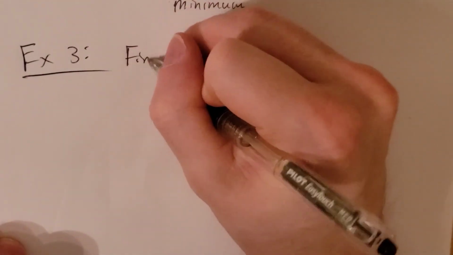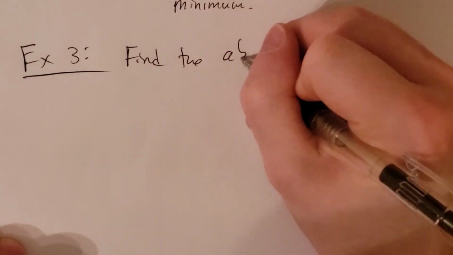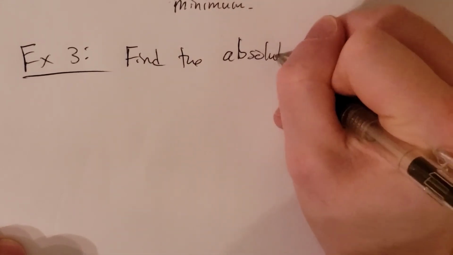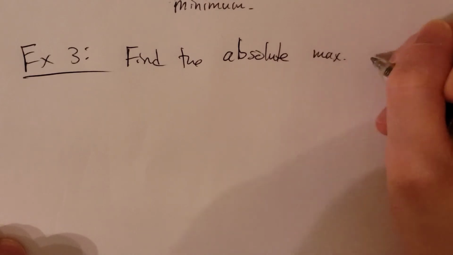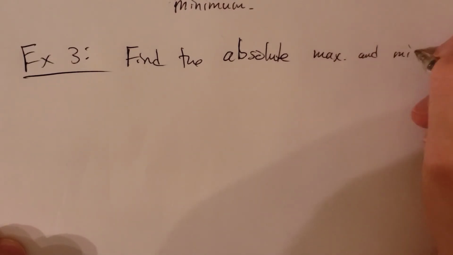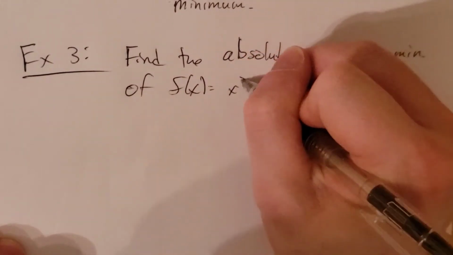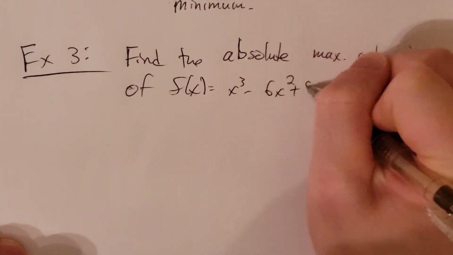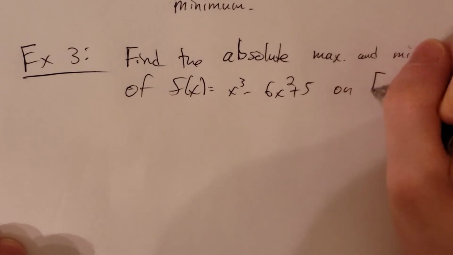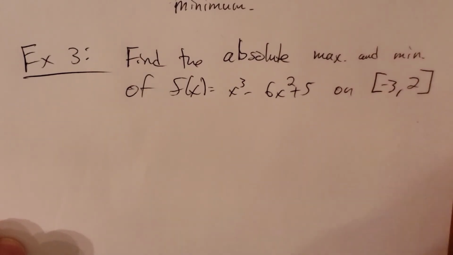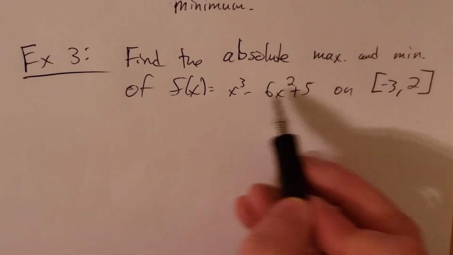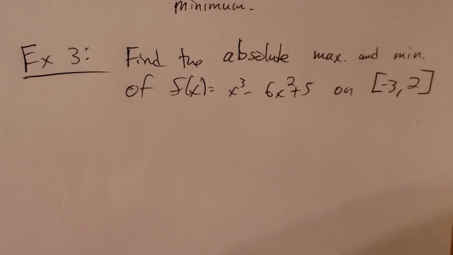So we're going to find the absolute maximums and minimums of f of x equal to x cubed minus 6x squared plus 5 on the interval -3 to 2. We need to find the critical points, which are the interior points where the derivative is either 0 or does not exist.